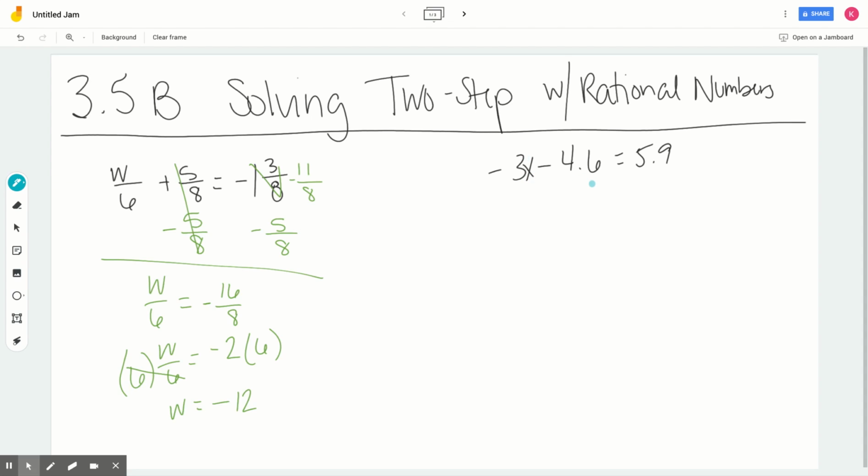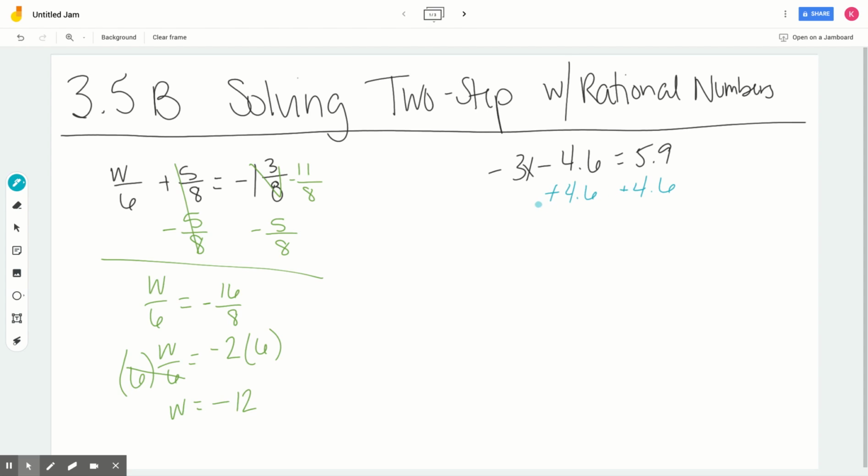Negative 3x minus 4.6 equals 5.9. The opposite of subtracting 4.6 is to add 4.6. So I want you to go ahead and give this one a try and then come back when you're ready. All right, so as we said, we're going to add 4.6 to both sides.